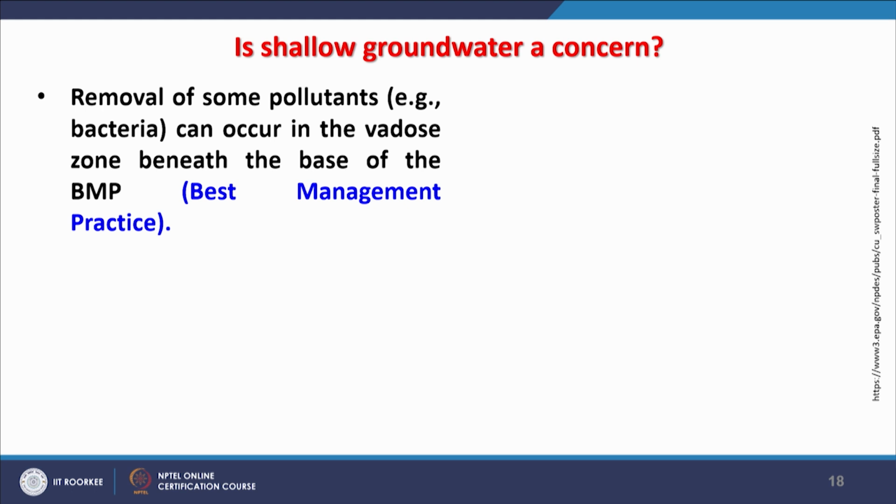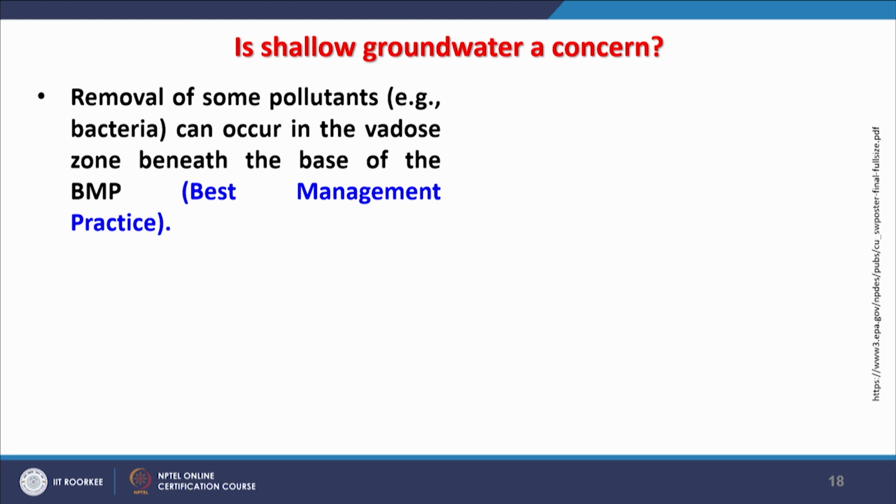Now, one of the examples I gave was shallow groundwater conditions, a concern and a problem in many parts of even India. We have so far been talking about deep groundwater and non-availability of water at shallow depth.